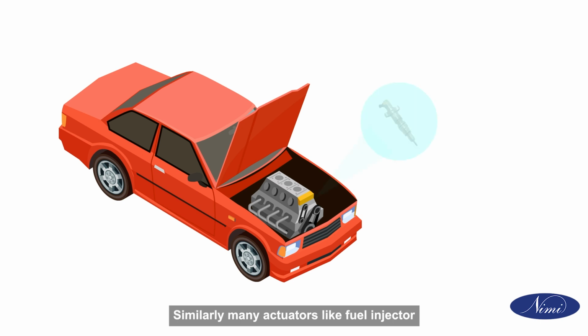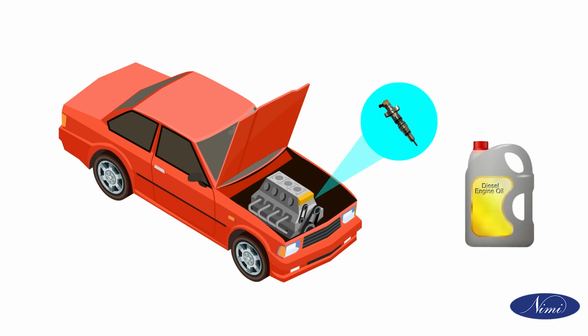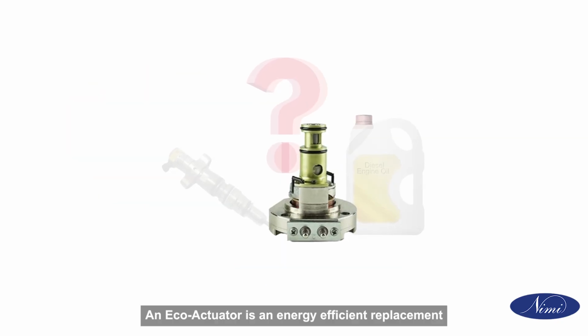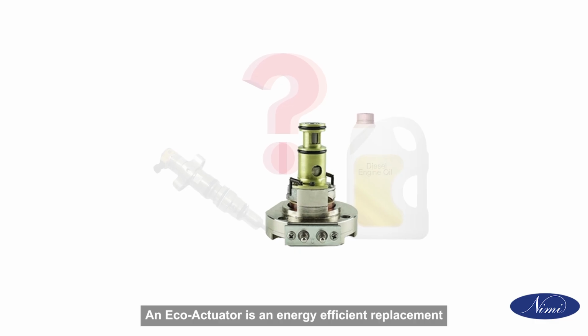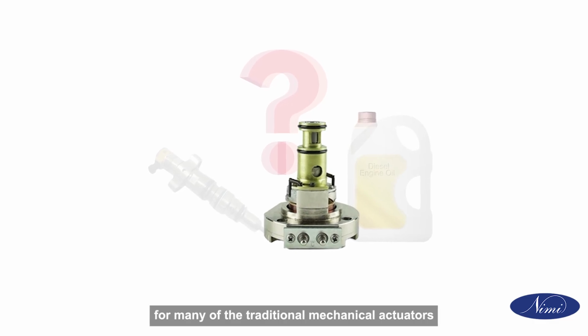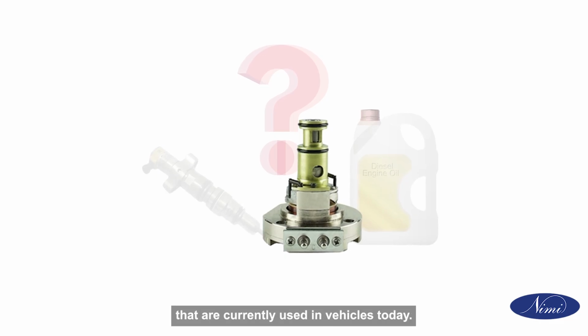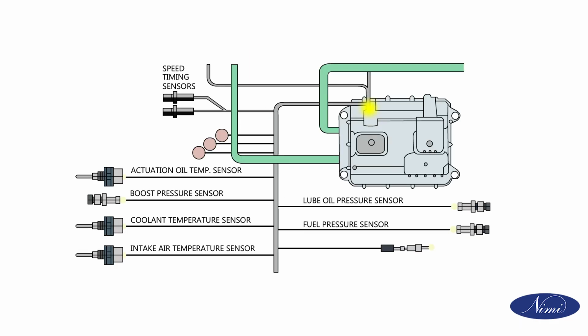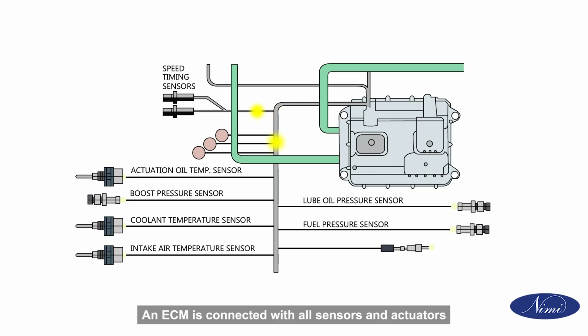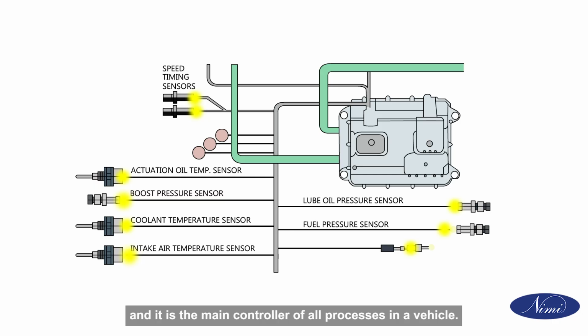Similarly, many actuators like the fuel injector are used in the vehicles we drive every day. An eco actuator is an energy-efficient replacement for many of the traditional mechanical actuators currently used in vehicles today. An ECM is connected with all sensors and actuators, and it is the main controller of all processes in a vehicle.